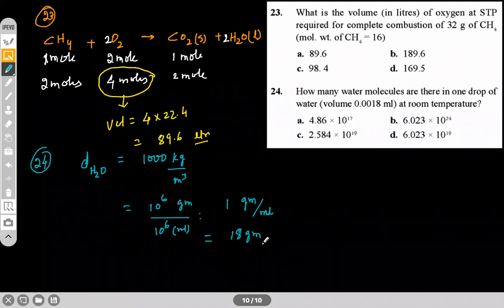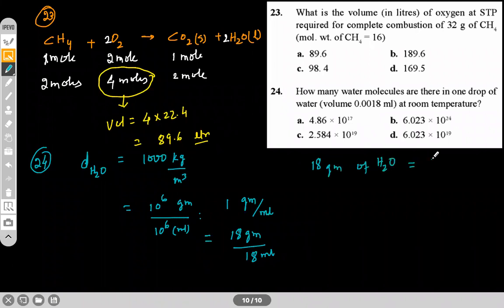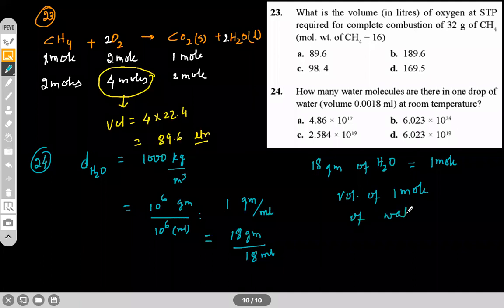I'll tell you. 18 gram divided by 18 ml. 18 gram of water is equal to 1 mole. Hence, what we can say, the volume of 1 mole of water is what? Could you tell me the volume of 1 mole of water?